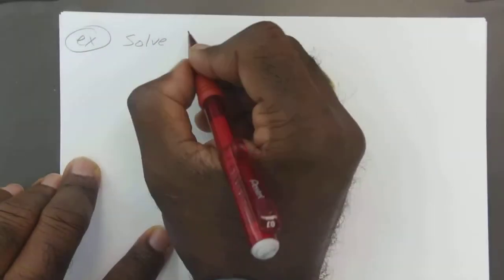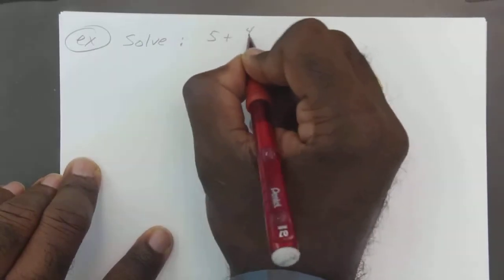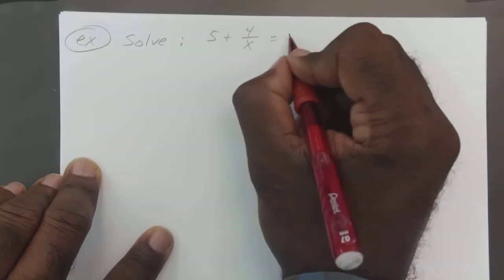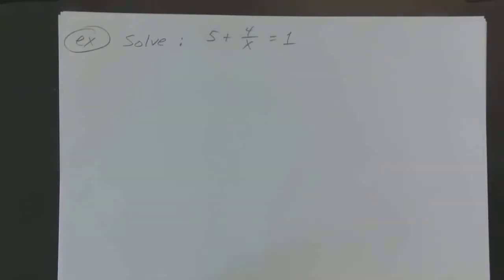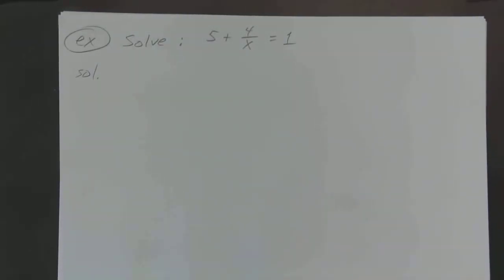Okay, so what if we had, next example, if we wanted to solve 5 plus 4 over x equals 1. Okay. So again, with this one, you don't really need step 1. We'll need step 1 in later examples.